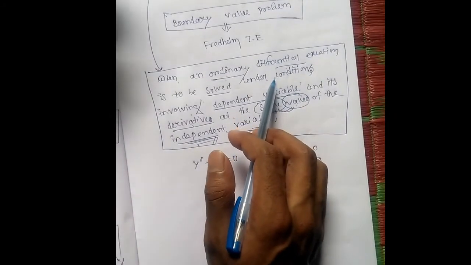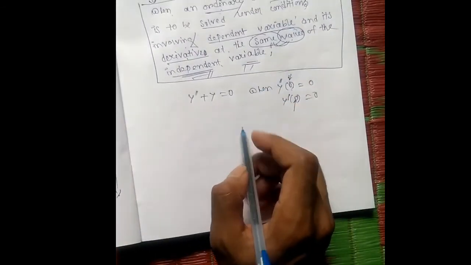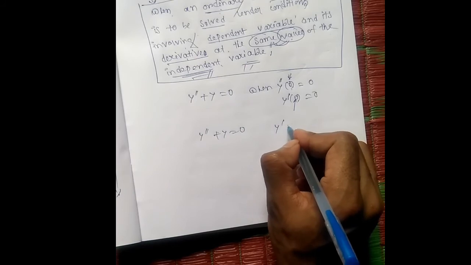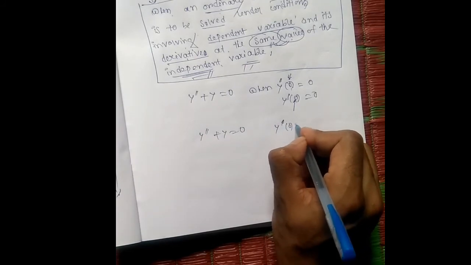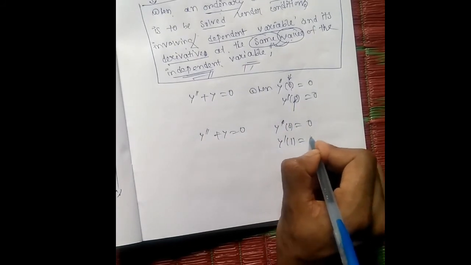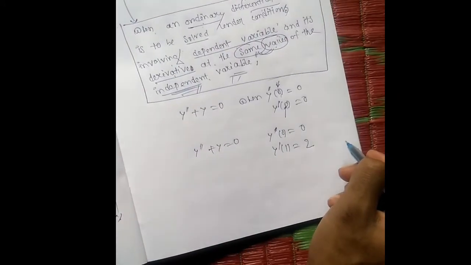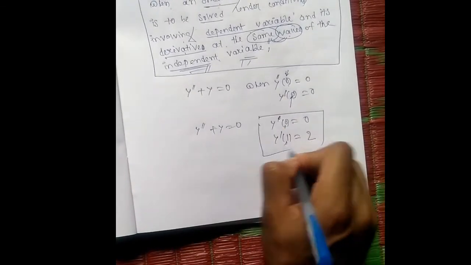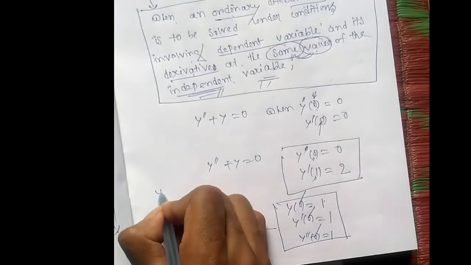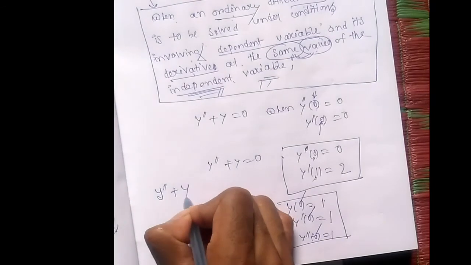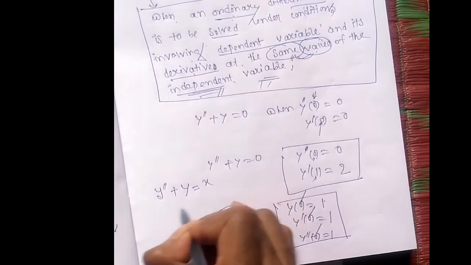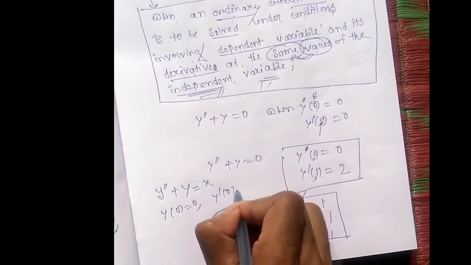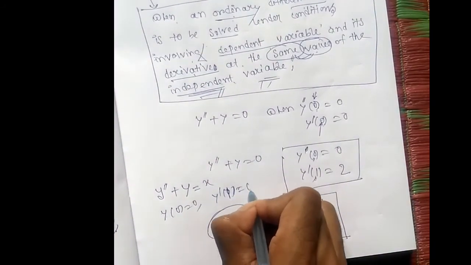For example, y'' + y = 0 with y(0) = 0 and y'(1) = 2. That's at different values. Or consider y'' + y = x with y(0) = 0 and y'(1) = 0.